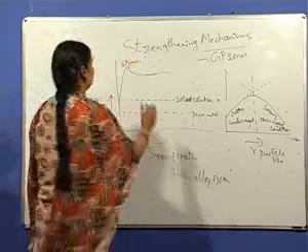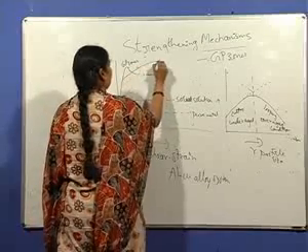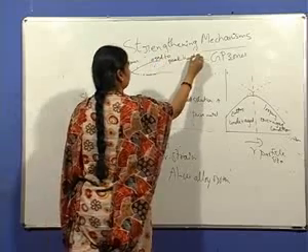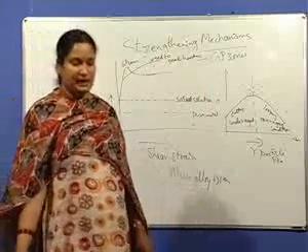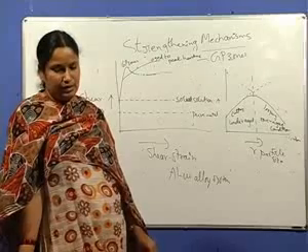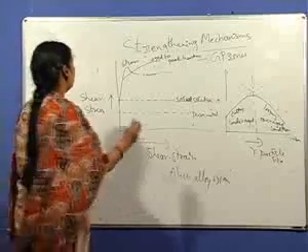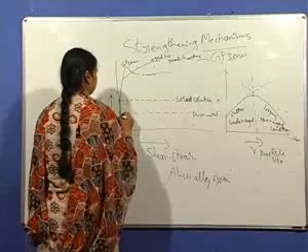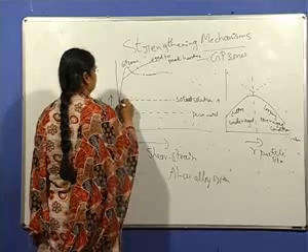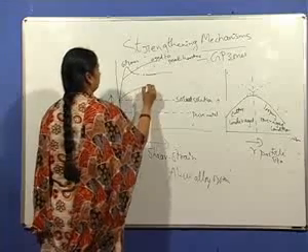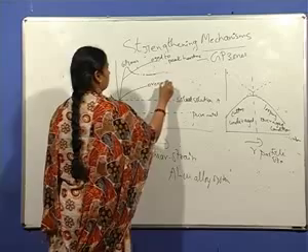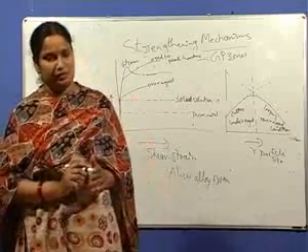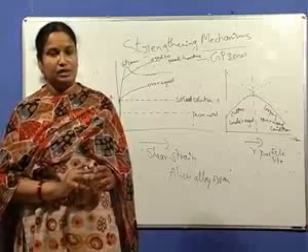Then when it is aged to peak hardness, and then it is overaged. These are the various stages observed in the aluminum copper system.